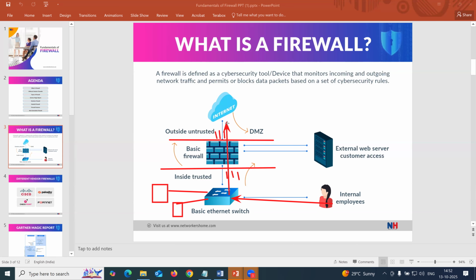These employees might get attacked by hackers. Let's say for some reason hackers have compromised this employee's PC, because they were accessing the internet, clicked on some link, and got hacked, compromised.